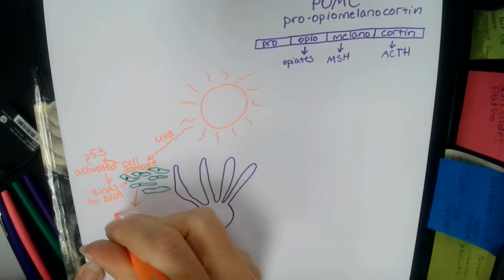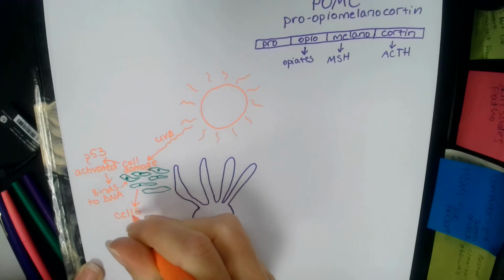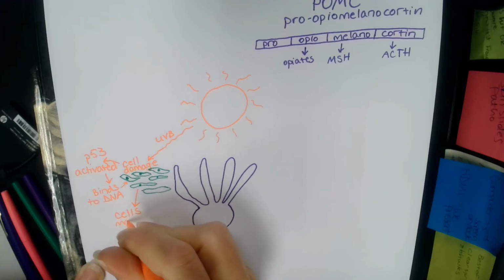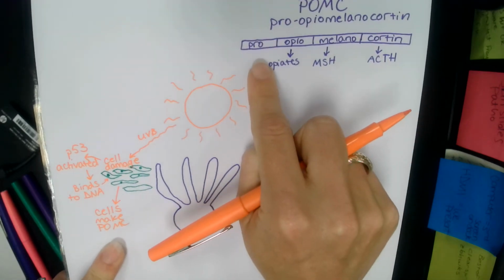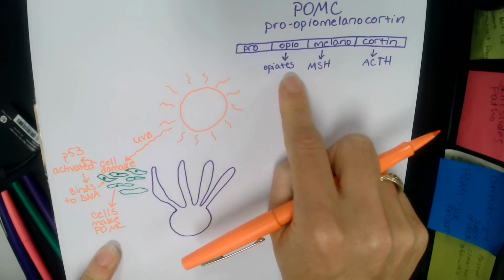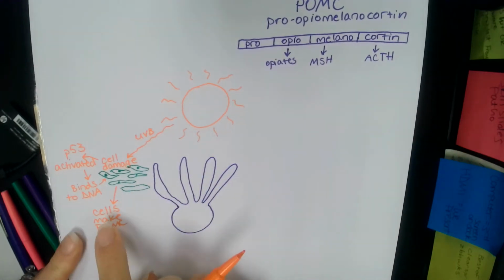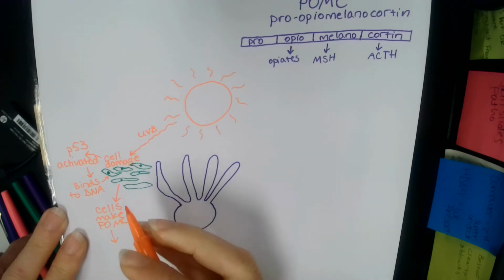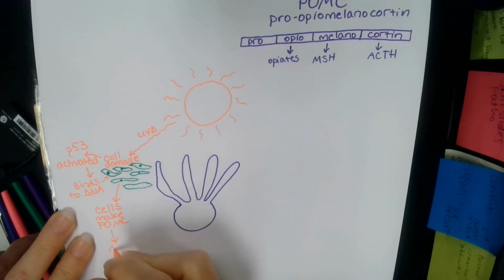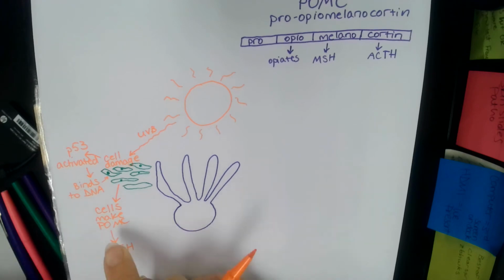So the keratinocytes, the cells, make pro-opiomelanocortin. Then it's going to get cleaved off and become all these things we talked about. But the one that we're going to follow really is the melanocyte stimulating hormone, or MSH.